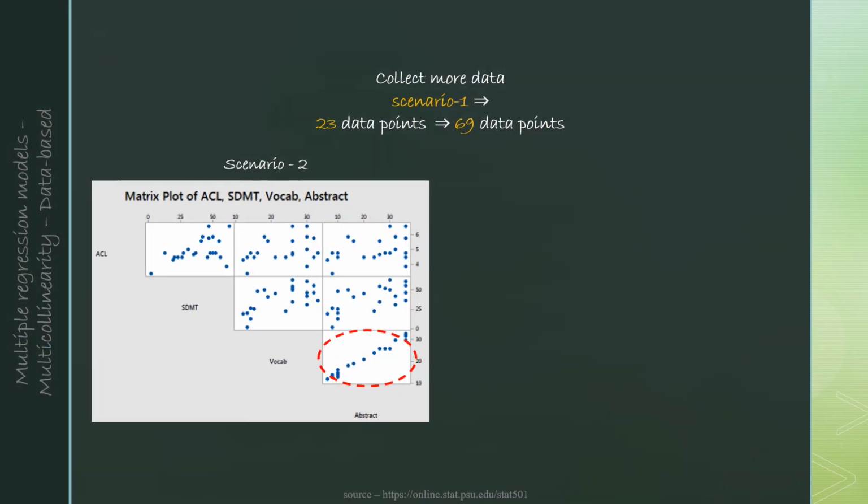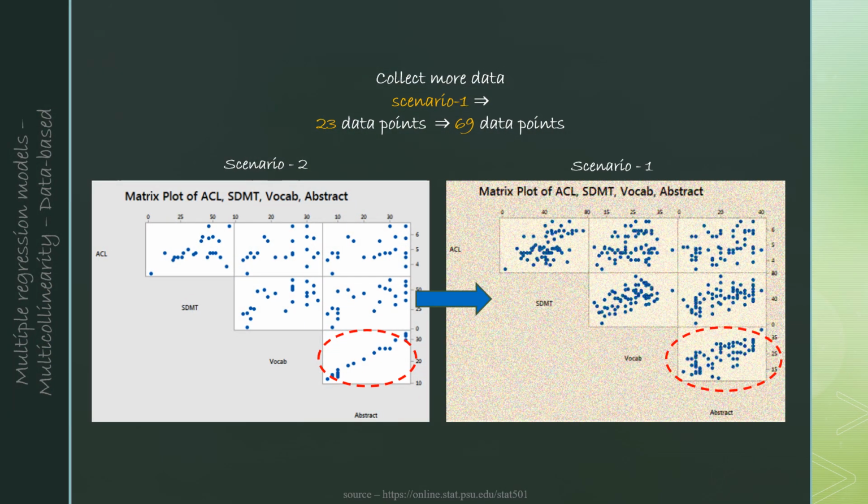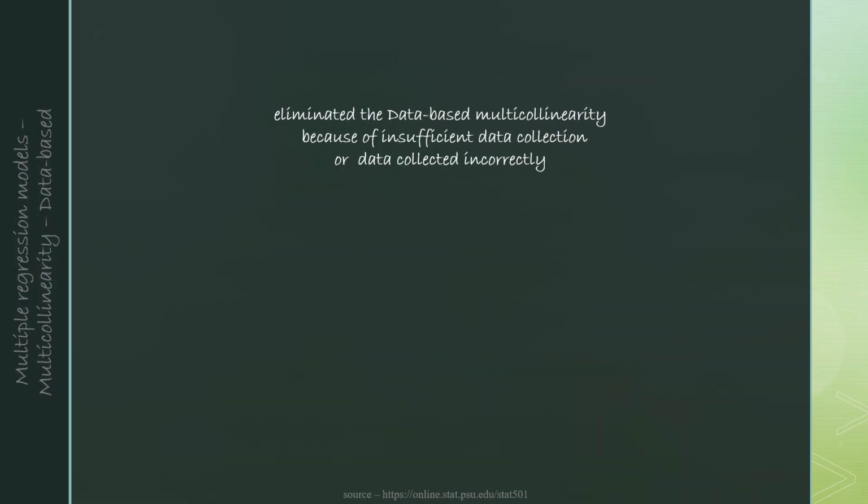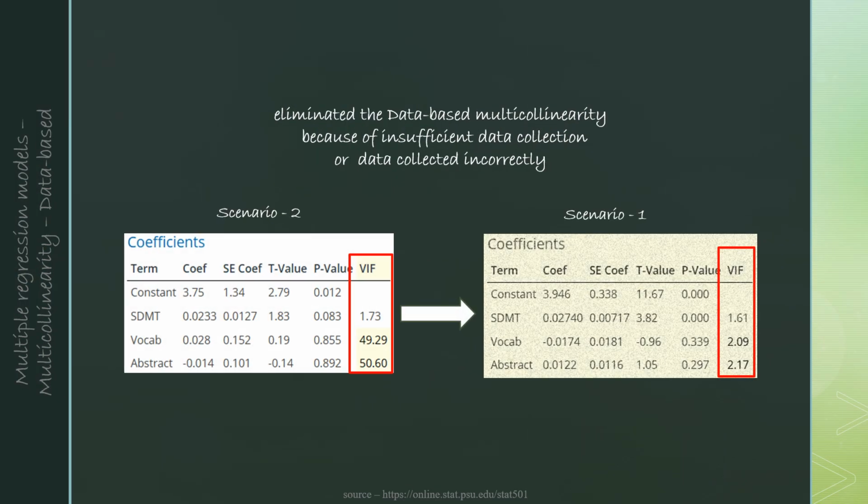Collect more data as illustrated as part of scenario 1, which means increase the sample size from 23 data points to 69 data points. By doing so, we eliminated the data-based multicollinearity, which can be seen from the values of VIF, which existed because of insufficient data collection as illustrated using scenario 2, or in cases where data is collected incorrectly.